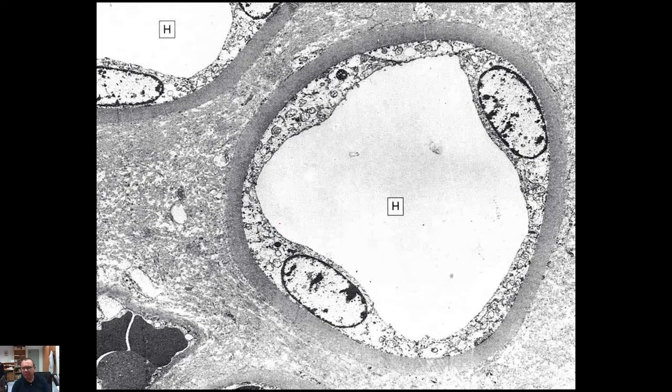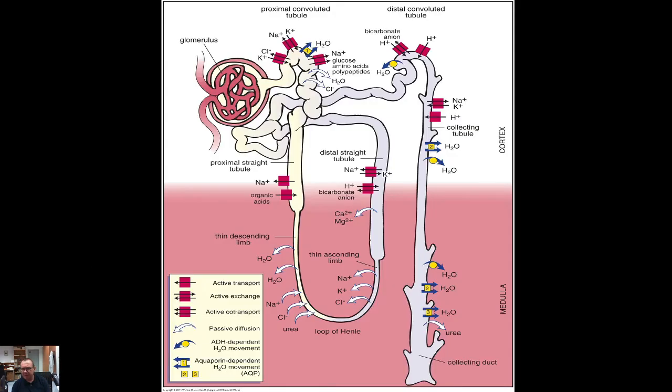The descending part, this yellow part, the thin segment of Henle's loop, is permeable for both ions and water.